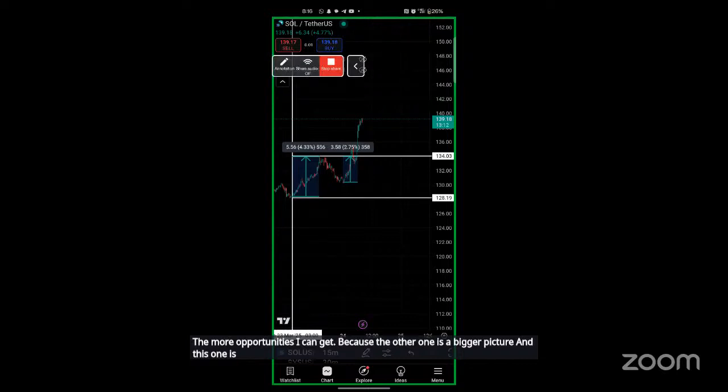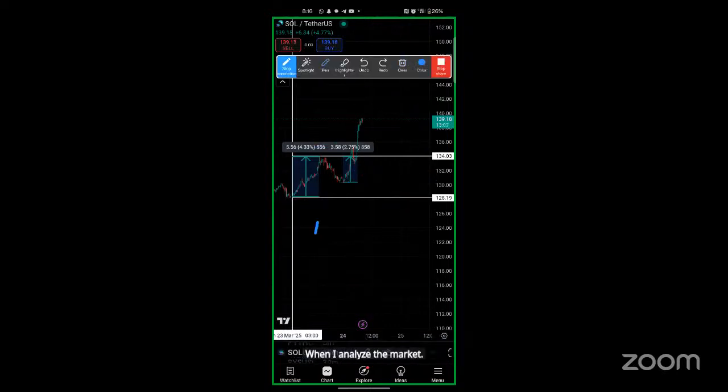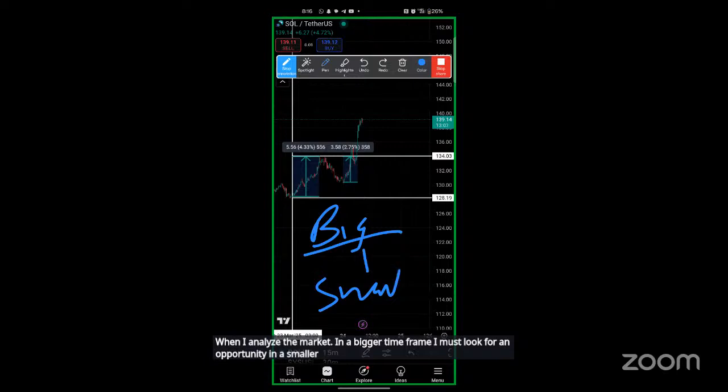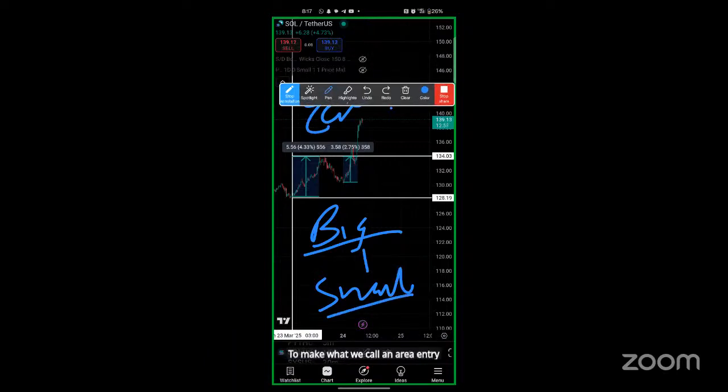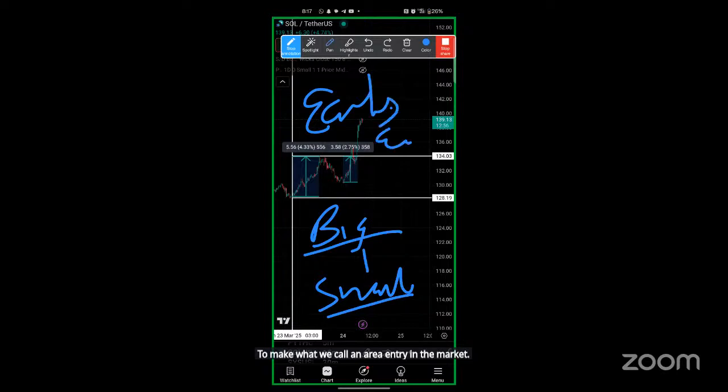In short, when I analyze the market in a bigger time frame, I must look for an opportunity in a smaller time frame to make what we call an earlier entry in the market. Does that make sense?